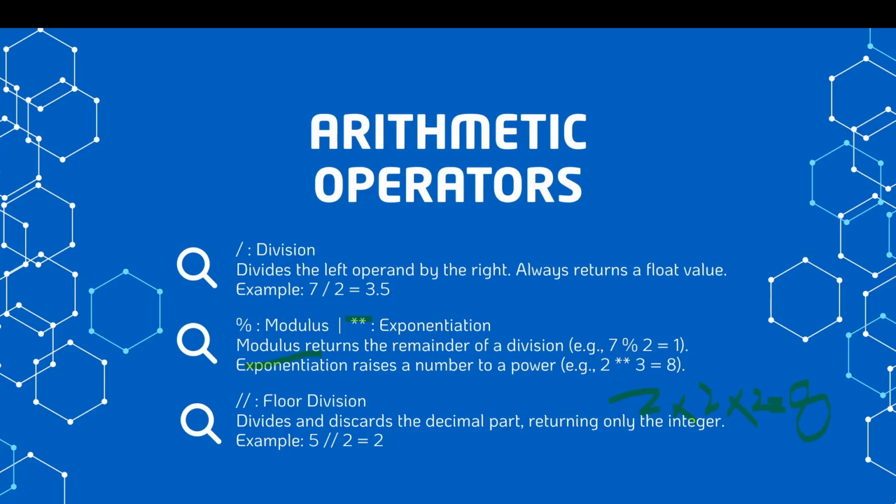You can see here that 5 floor division, forward slash 2, is equal to 2. Why are we getting this?